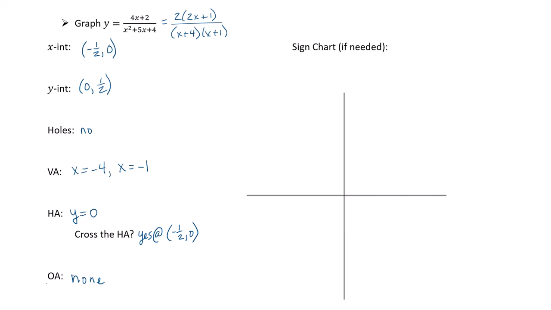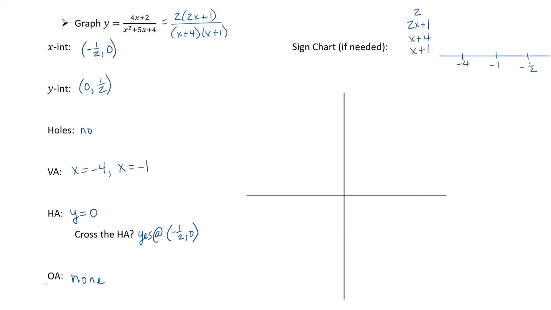A sign chart. I think it'd be a good idea for us to have a sign chart here. Let's list all of our factors to the left. And then we're going to have 3 critical values from the factors that are given. We have a -4, a -1, and a -1/2.